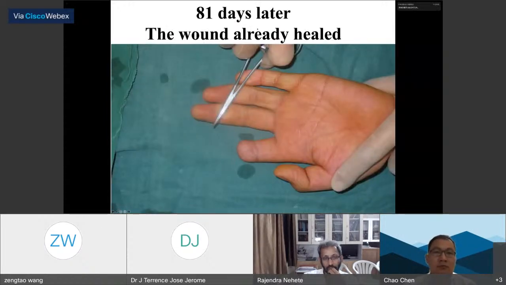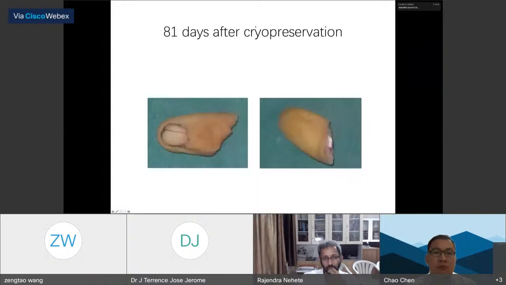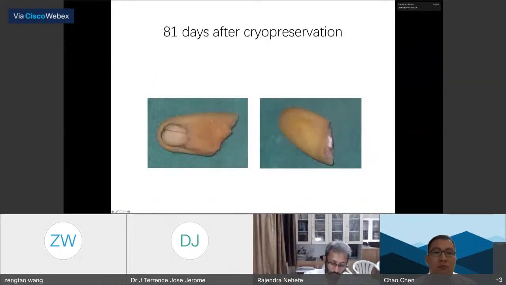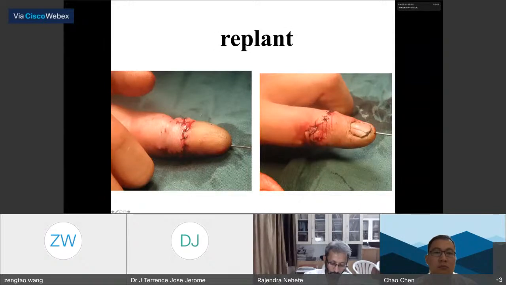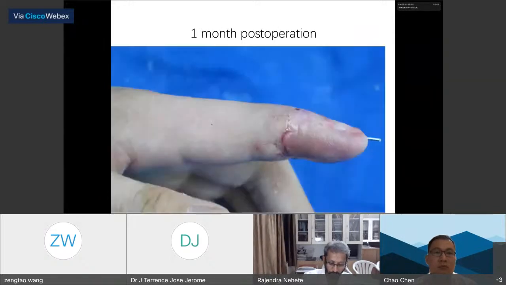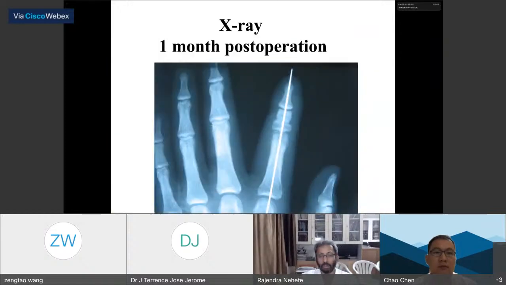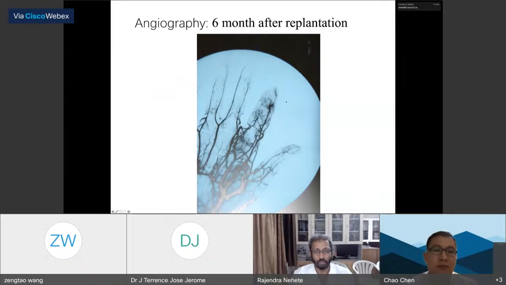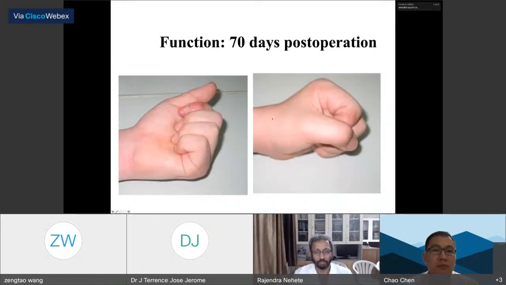After 81 days of cryopreservation, we warmed the finger and replanted it. 1 month post-operation, 6 months post-operation, and the bone and the vascular.